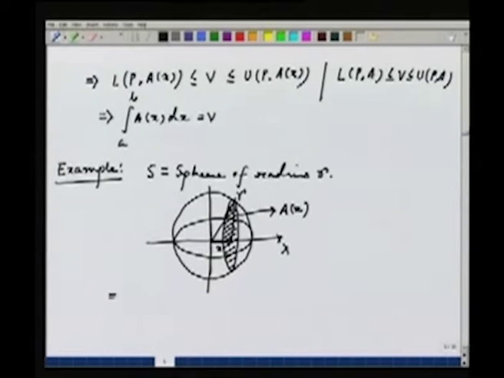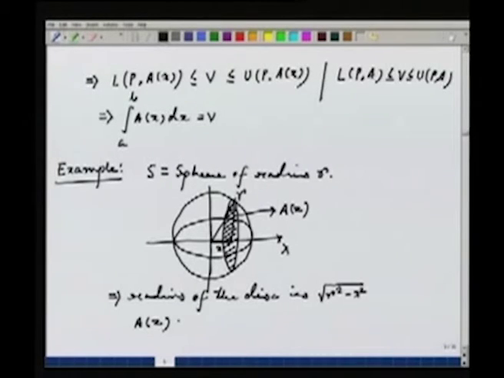This would imply the radius of the disk is the square root of r squared minus x squared, and hence A(x) is equal to, I know the area of a disk is pi r squared, so it is pi times the square root of r squared minus x squared, whole squared, that is pi times (r squared minus x squared).